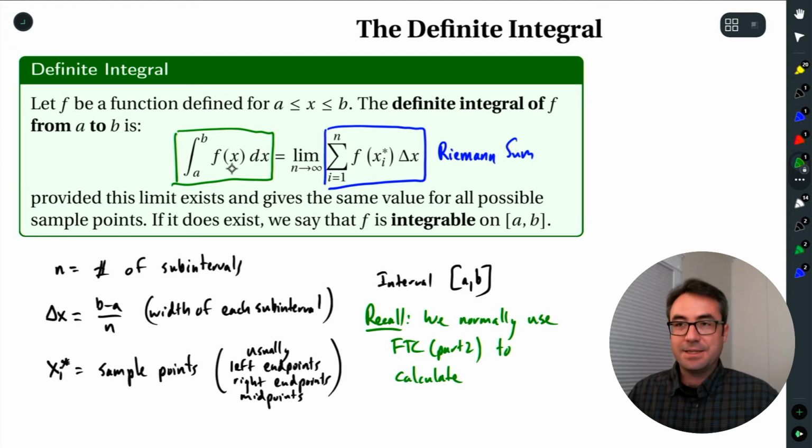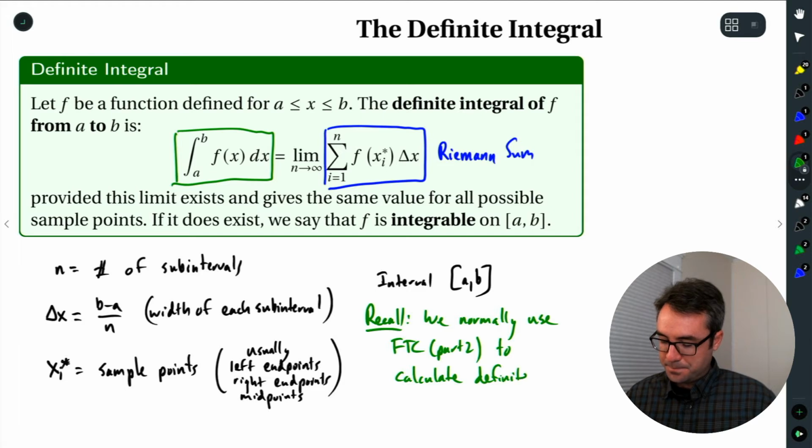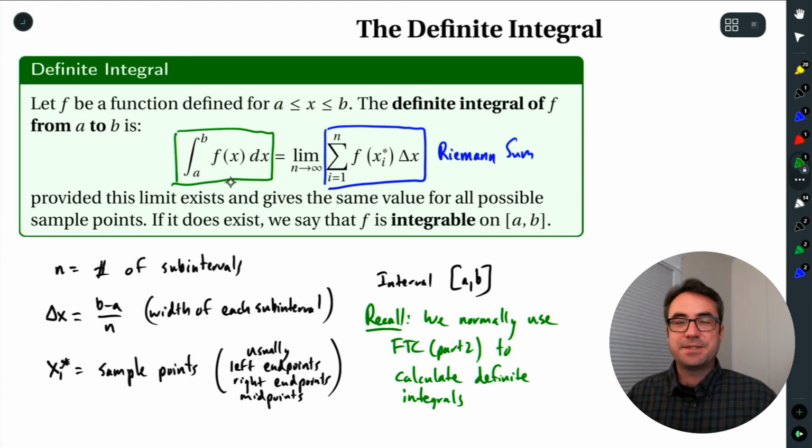Find the antiderivative and then do the subtraction. Much easier, it turns out, in a lot of cases than trying to do this limit. So the fundamental theorem of calculus makes calculating definite integrals a much more manageable problem. But here's the definition.